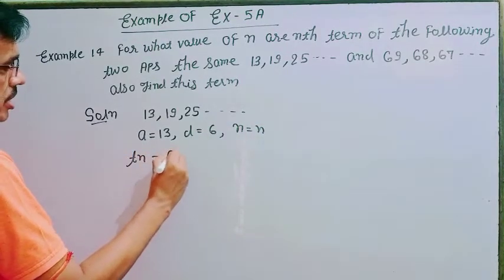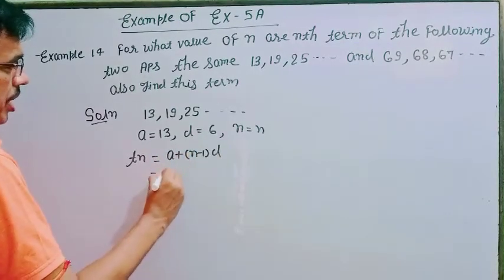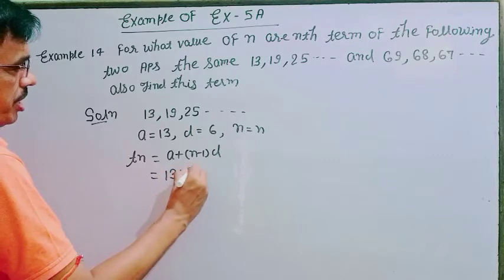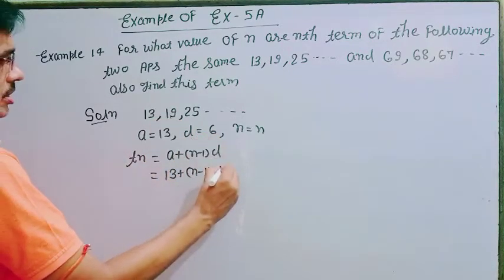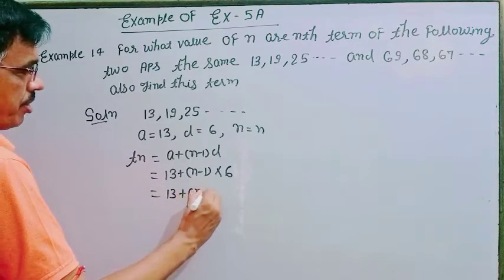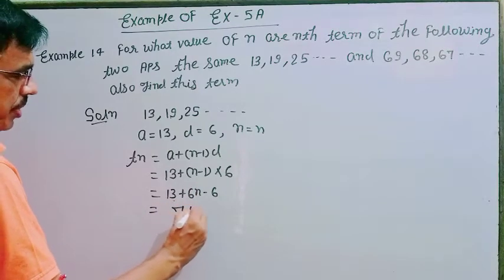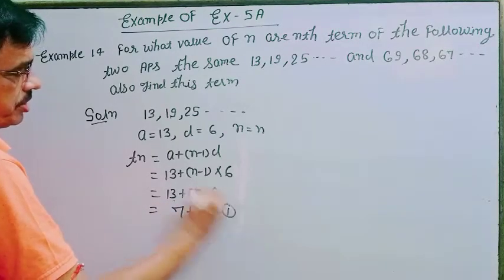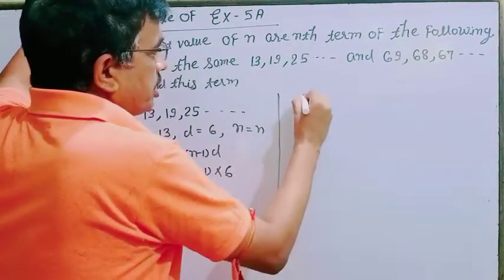That is a plus n minus 1 into d. a is 13, n is n minus 1, and d is 6. So it is 13 plus 6n minus 6. Then it is equal to 7 plus 6n. It is the first equation.